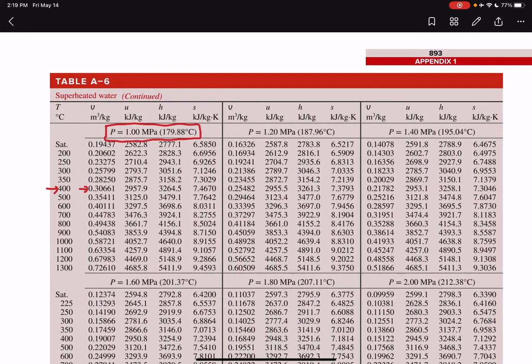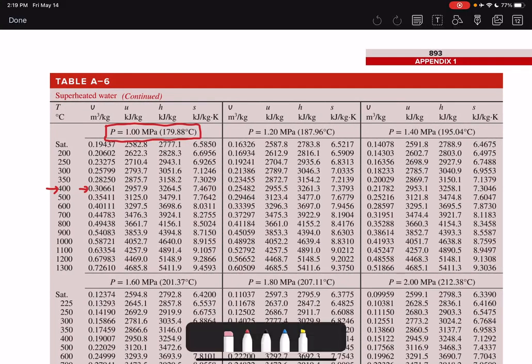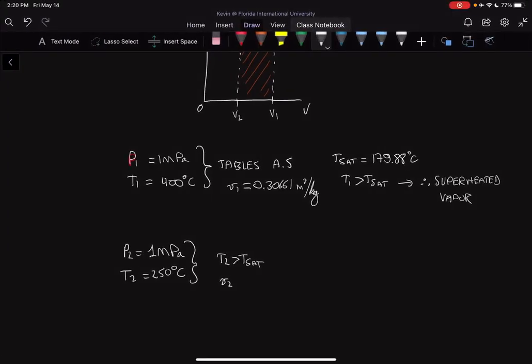If we go back to this table, we can go to 250 degrees Celsius and find that V2 is equal to 0.23275 meters cubed per kilogram.